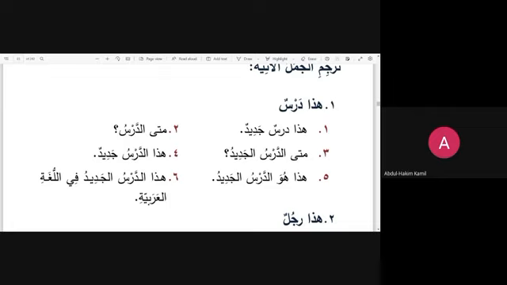We called it damir munfasl, meaning separated. This pronoun is to separate between the subject and the predicate. That's what it does. It separates between the mubtada and khabar, so you can clearly see it. Because everything is ma'rifah, we don't want to misunderstand.